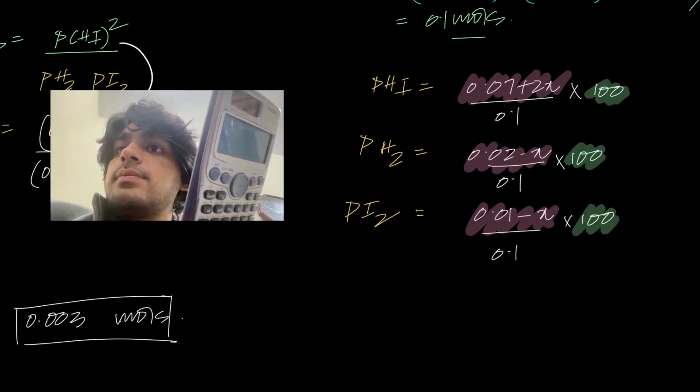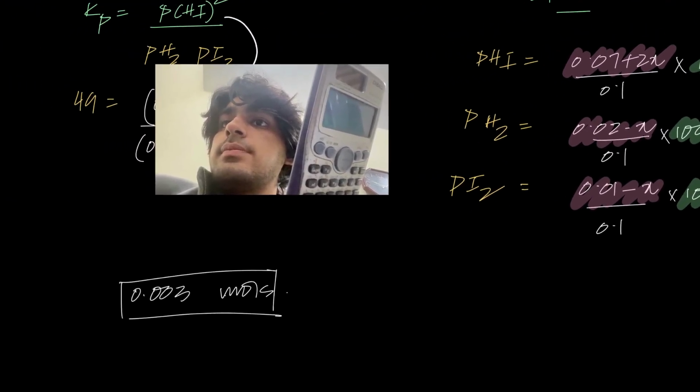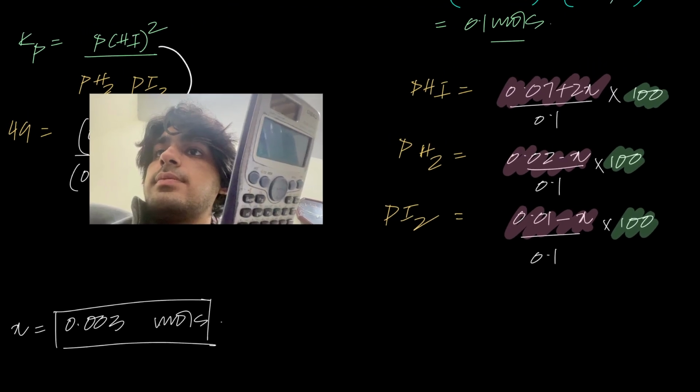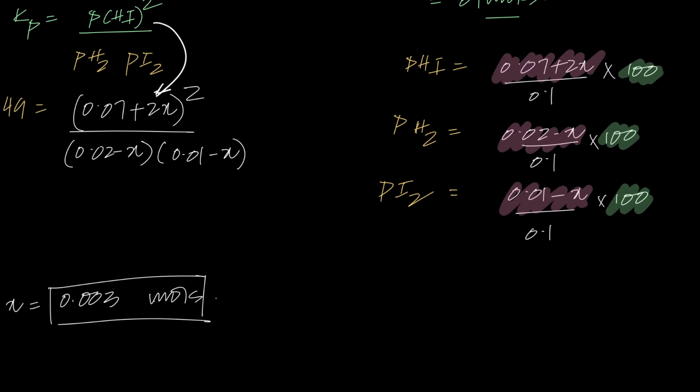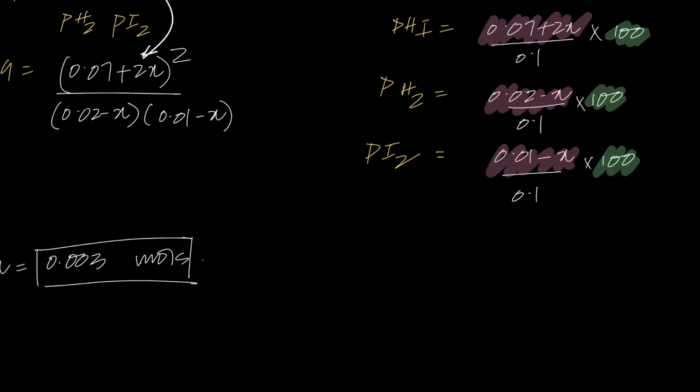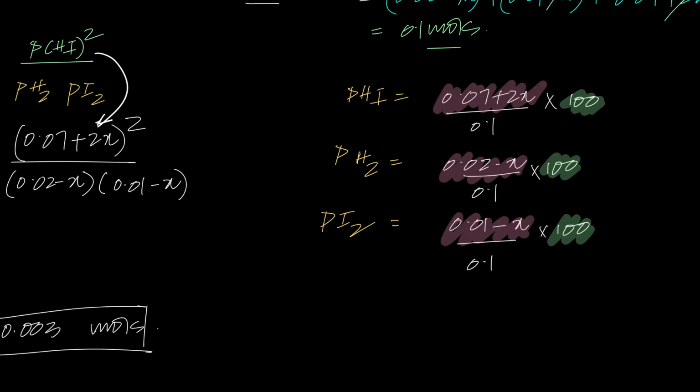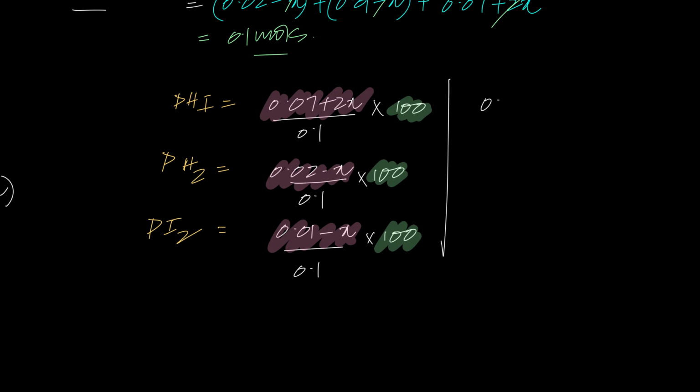Now, what I wanted to do is calculate partial pressure, right? This is x equals this stuff. Instead of these x's, I just have to plug in 0.003. So it's 0.07 plus 2 times 0.003 divided by 0.1 multiplied by 100.